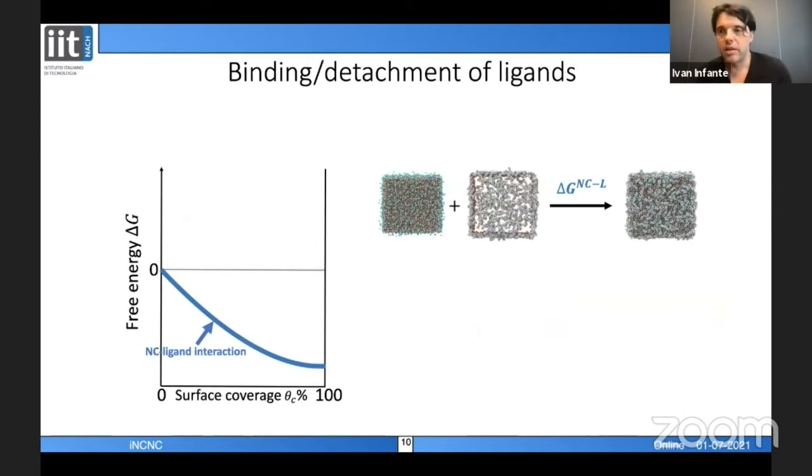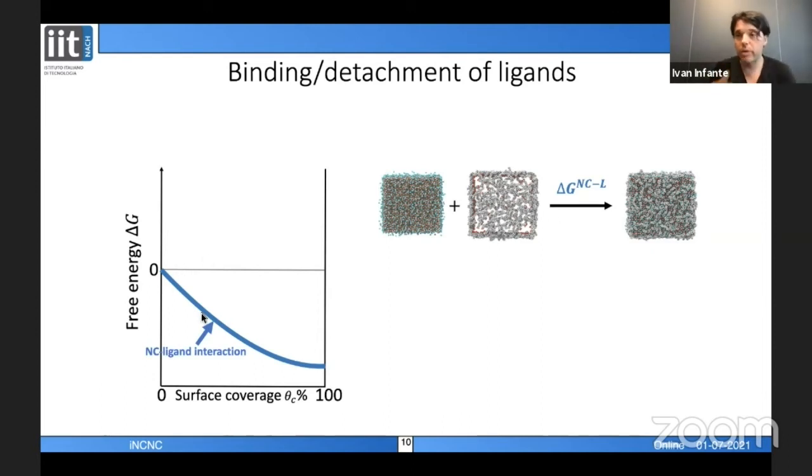But let's see term by term what it means. First, the ligand binding energy. Imagine that you have a ligand binding to the surface. This term will be favorable because it's an interaction that is mostly electrostatic, between something negative and something more positive on the surface.